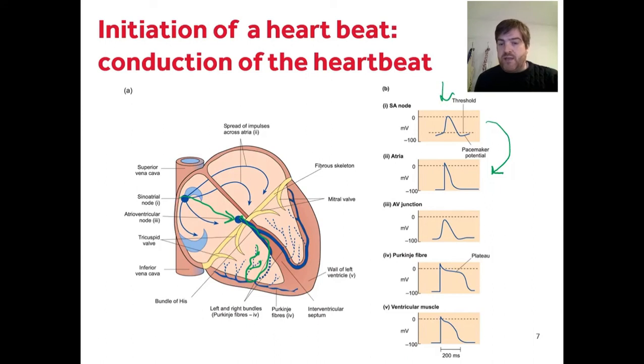So we can see the atrioventricular node sends pulses down to the Purkinje fibers, the conduction pathways, which then causes an action potential and then contraction of the cardiac muscle in the ventricles. So 2 phases.